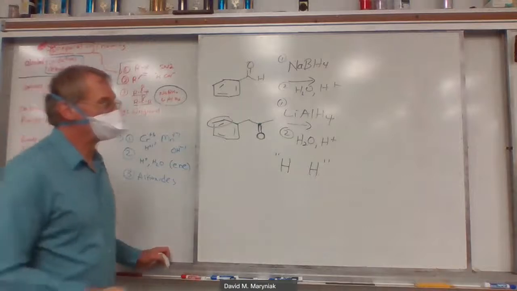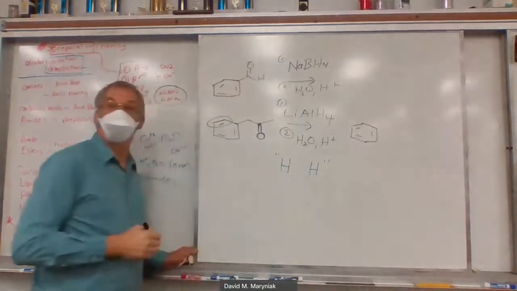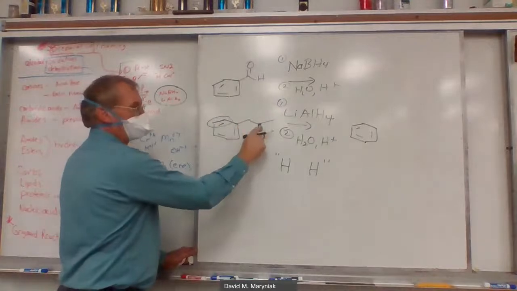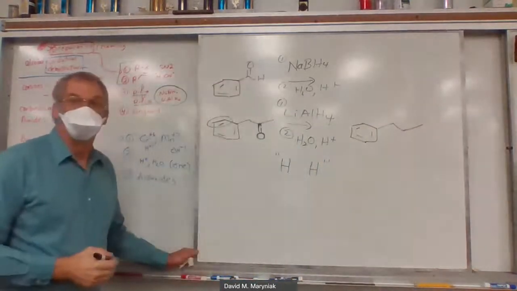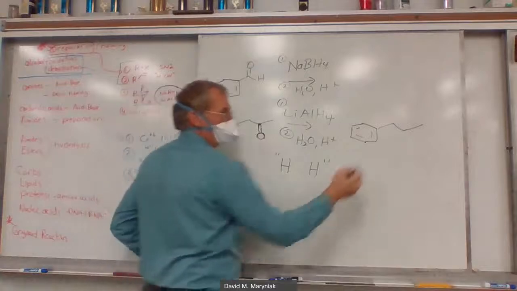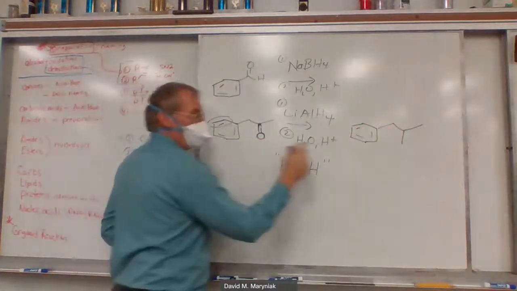So if you want to be able to write the overall product, do you leave the benzene ring alone? Do you leave the carbon skeleton alone? Do you draw one of the two double bonds back? Do you draw the O back?